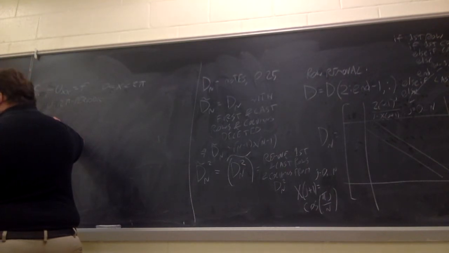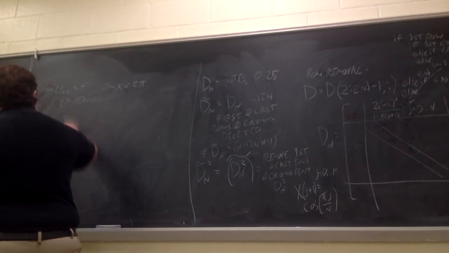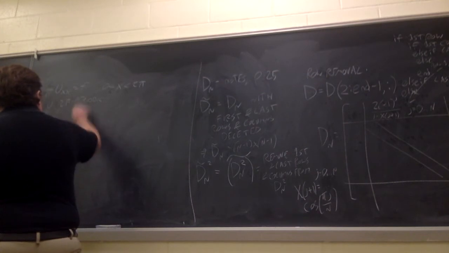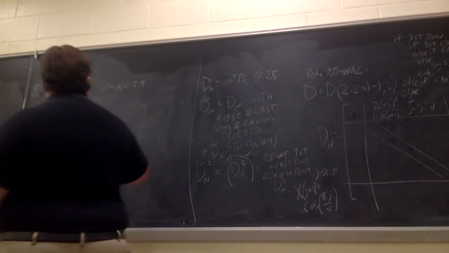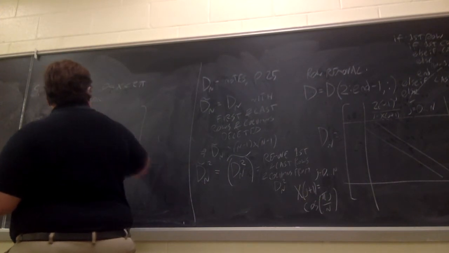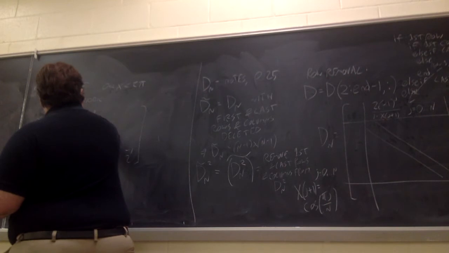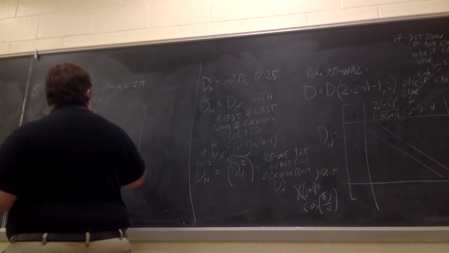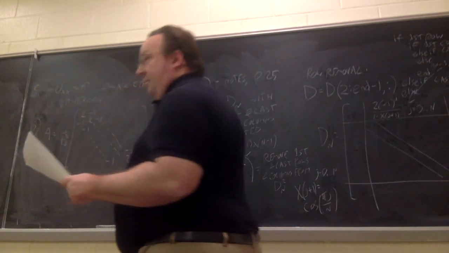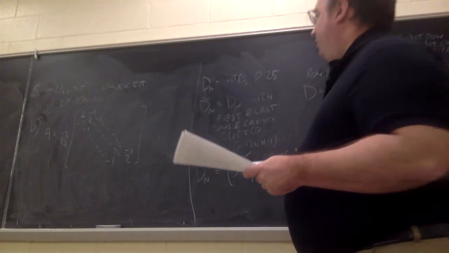So what your matrix is going to look like is the same matrix you're used to for minus Laplacian, where we have 2's in the diagonal, minus 1's above, minus 1 below, and so on. But then, because of the periodic boundary conditions, there's a wraparound effect.